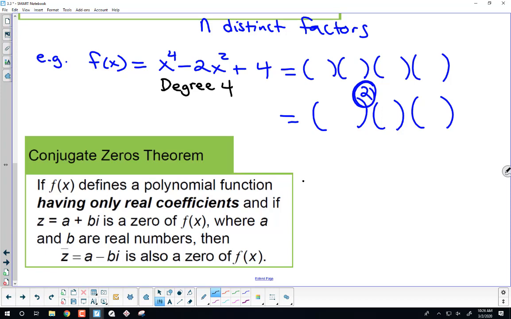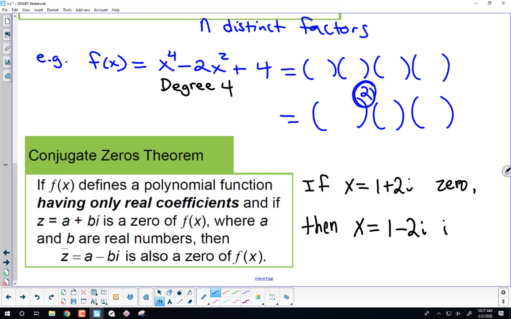If we knew that x equals 1 plus 2i is a zero or a factor, then what's implied by this theorem is that the conjugate of that number, 1 minus 2i, is also a zero.